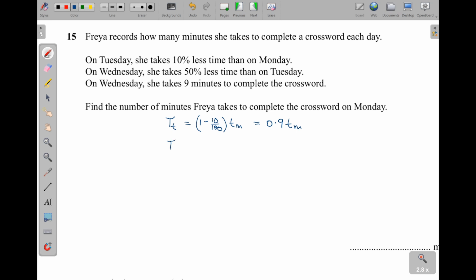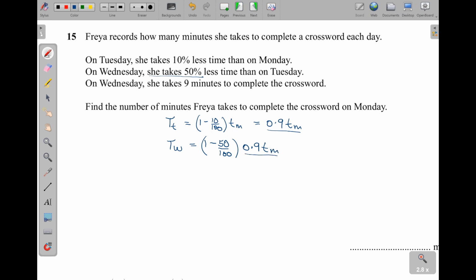Then the time taken on Wednesday is going to be equal to, they are saying it is 50% less time than on Tuesday. So I'm going to have 1 minus the 50% of the time on Tuesday. But the time on Tuesday is this one, so I write 0.9 TM.